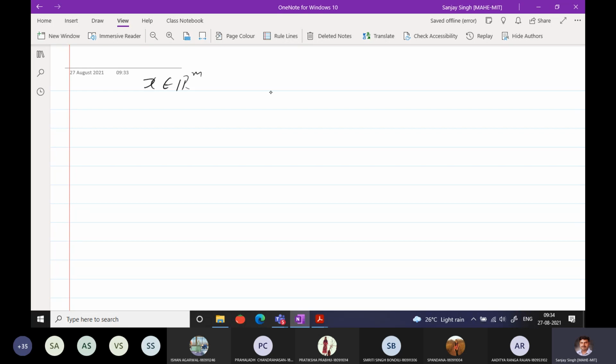Okay, so this is x in R^m, which literally means that x has components x1, x2, dot dot dot, xm.